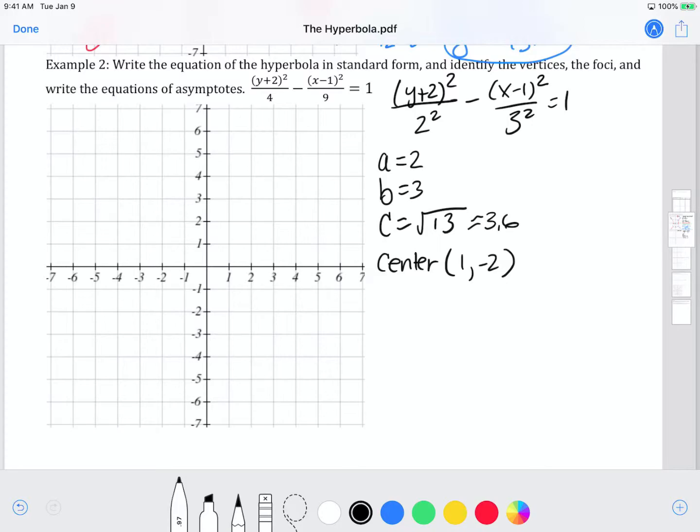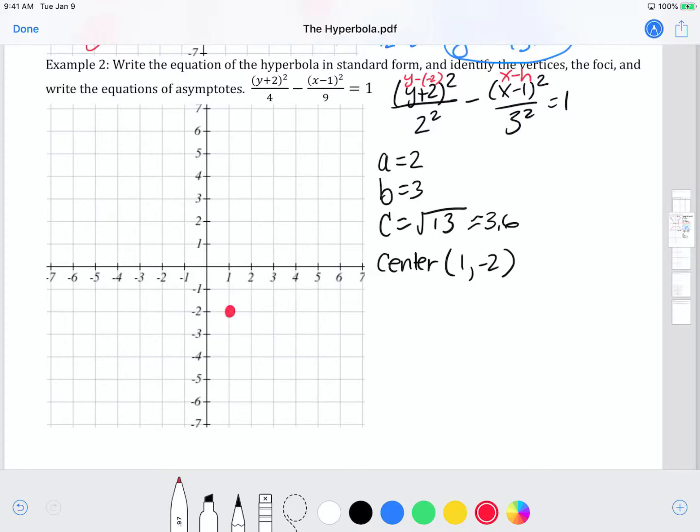My h is still associated with my x value, and that should still go first when I write that as an ordered pair. So I have x minus h is 1, y minus a negative 2, so my k is negative 2. So my center is going to be at (1, −2).